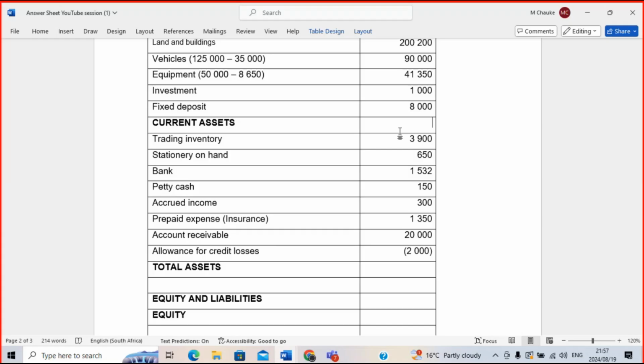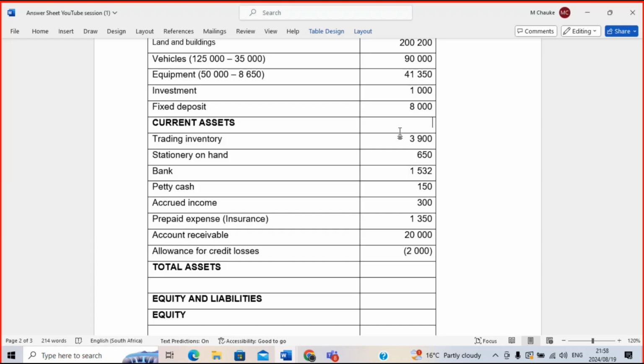Those who are winning there, assist us quickly. No, I said it's a negative. I said allowance for credit losses is a negative current asset.